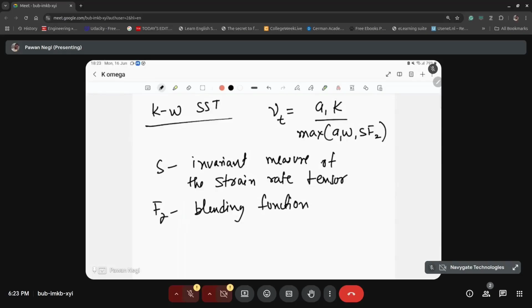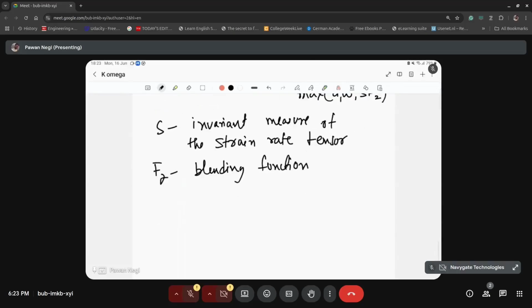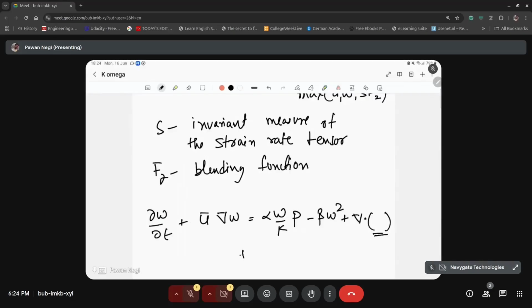We have two blending functions. This is F2 here, and we also have an F1 blending function which comes in the transport equation for omega. There is a slight change in the transport equation of omega, which is this, plus this particular term, which is 1 minus F1 times omega 2 over omega, the inner product of the gradient of the kinetic energy and omega.